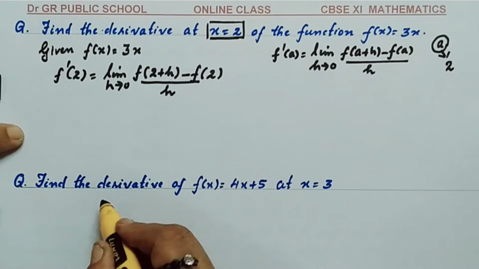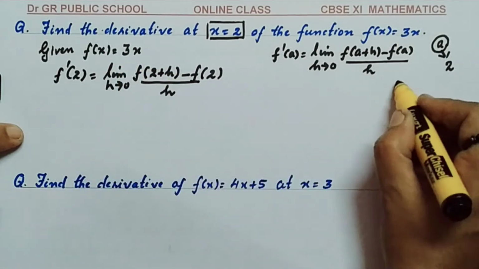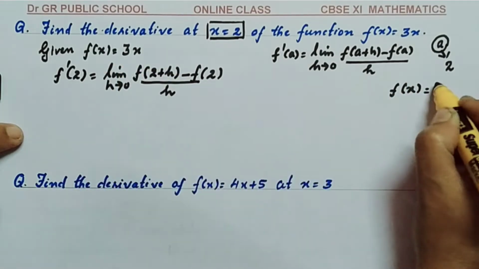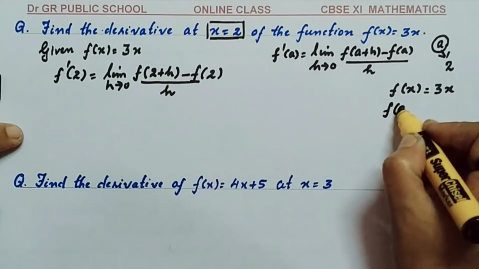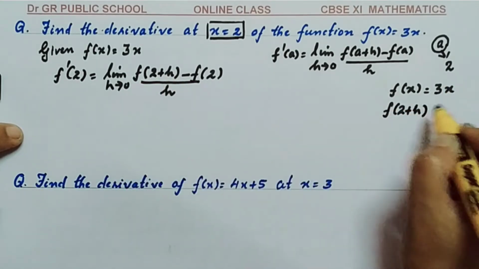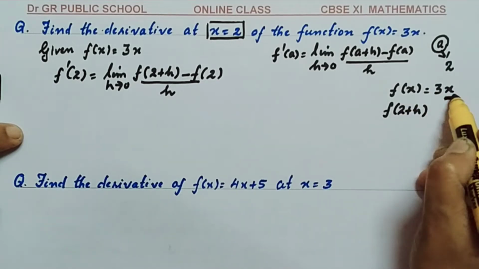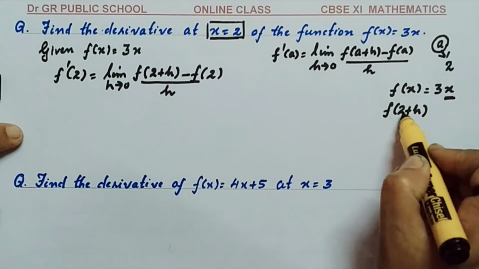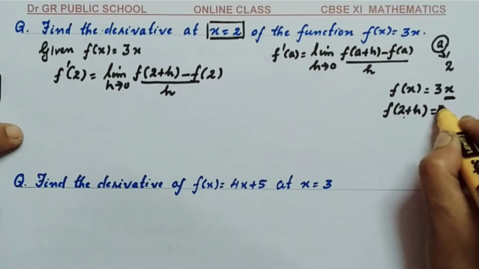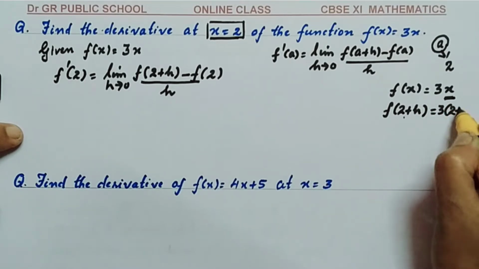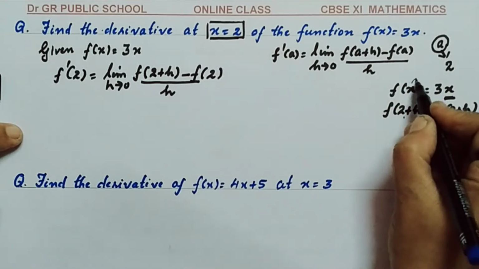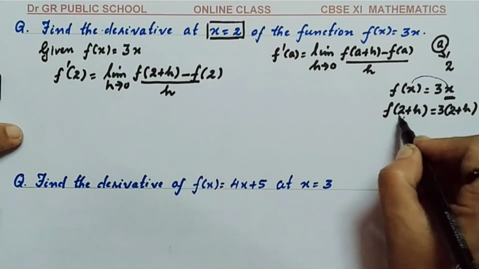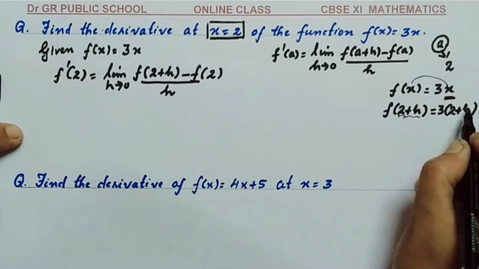You are given the function f(x) equals 3x. Can you say what f of 2 plus h is? f of 2 plus h means replace the x in the function with 2 plus h. Since f(x) equals 3 into x, f of 2 plus h equals 3 into 2 plus h.